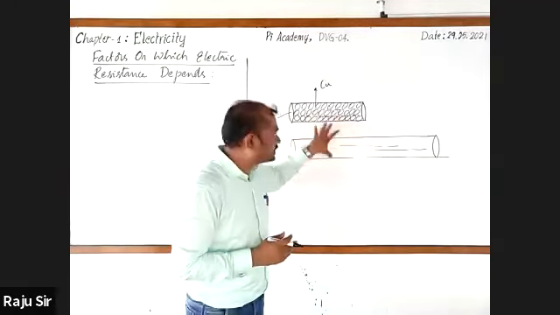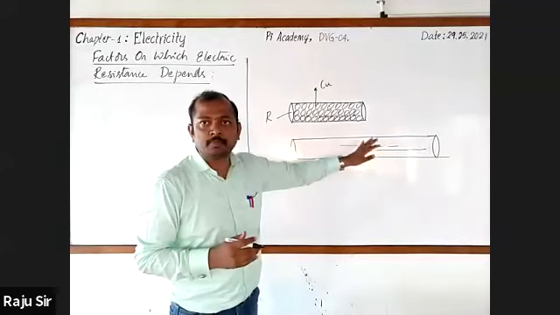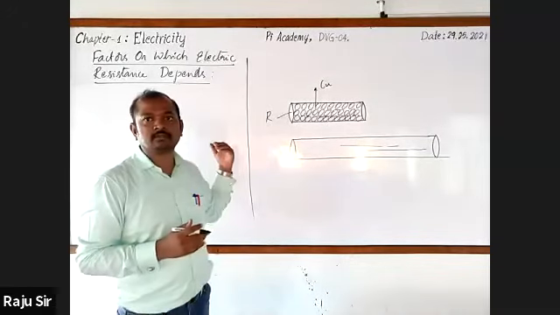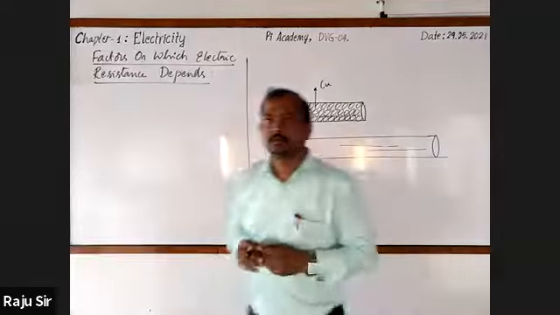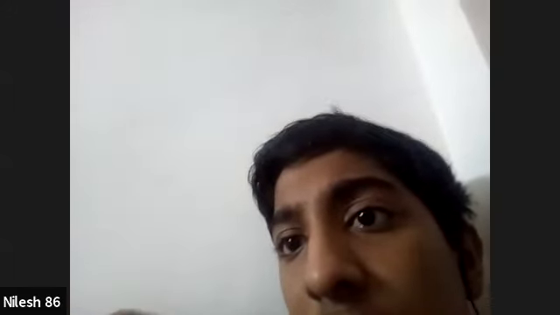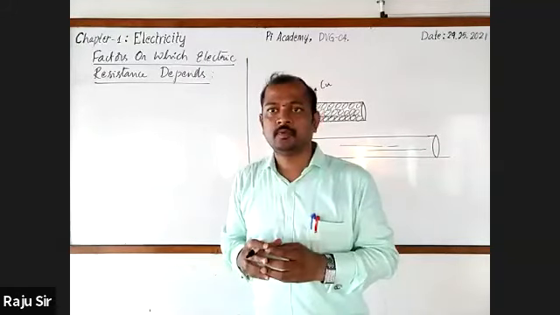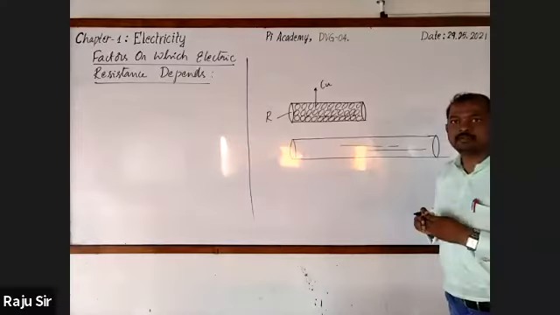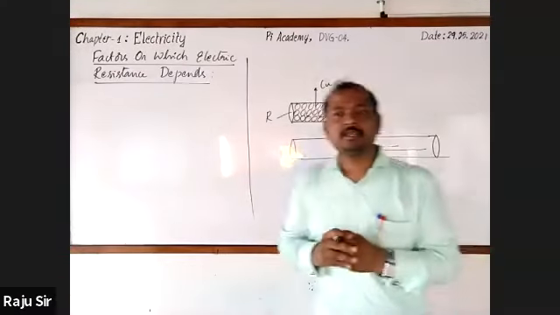In which of these two will there be more opposition for the flow of electrons? The second one. What may be the reason for this?